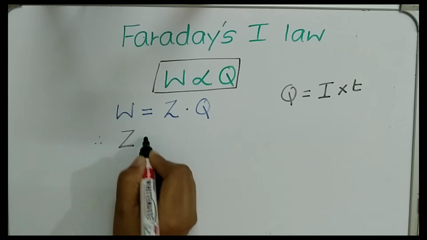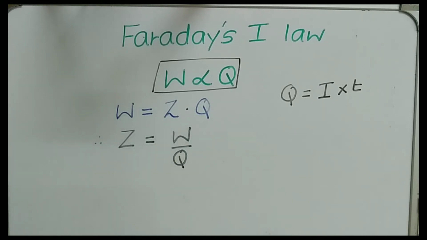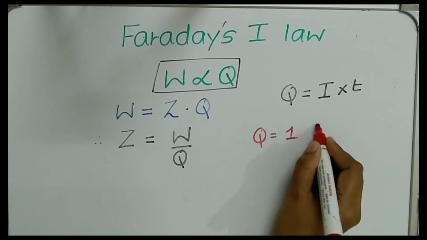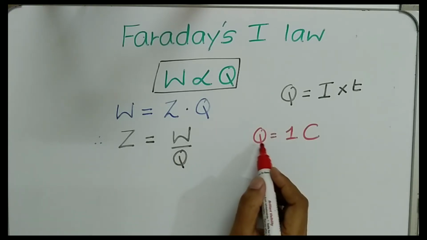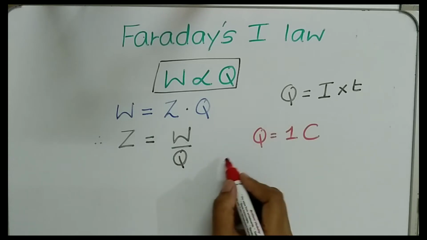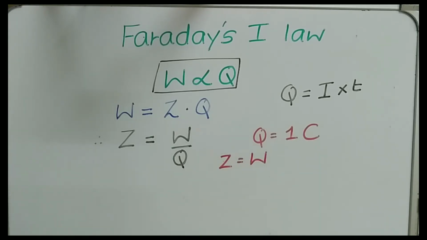Therefore, Z is equal to W upon Q. Now, let us assume that the charge Q is equal to 1 coulomb. Substituting 1 coulomb into this equation, we get Z is equal to W. Hope you are understanding this. Right. So this is the first law.